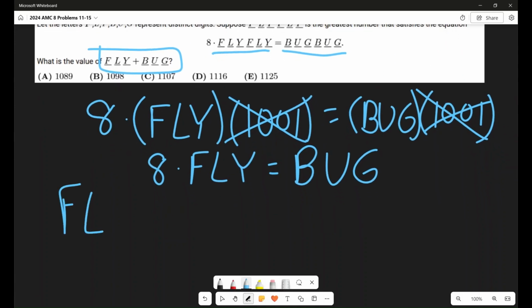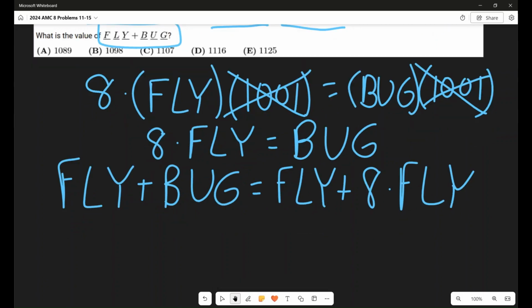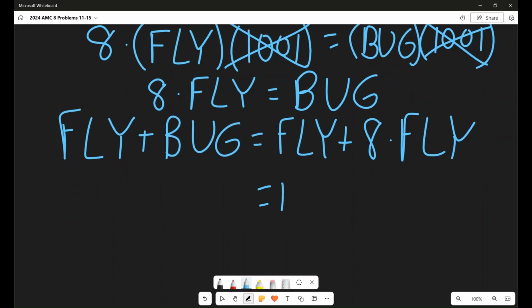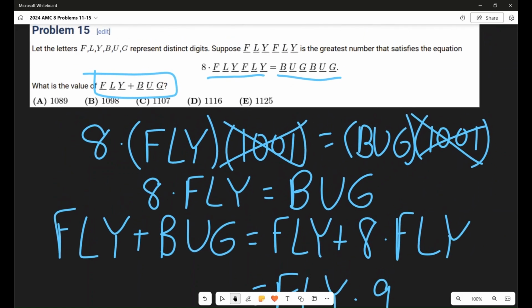So FLY plus BUG, that's just FLY plus 8 times FLY. And factoring out FLY shows that this is equal to 9 times FLY. So we have to find the value of 9 times FLY.